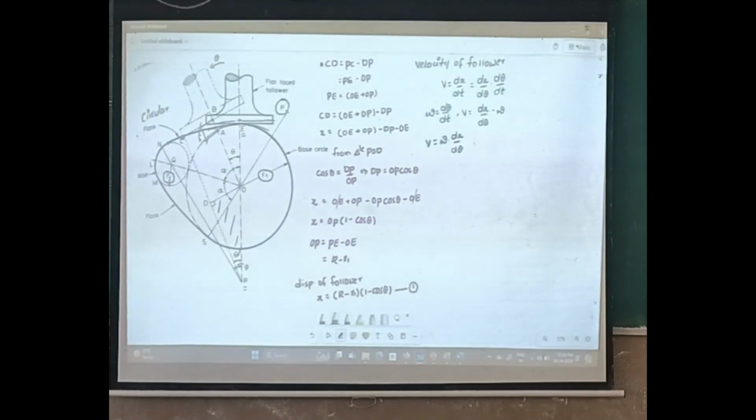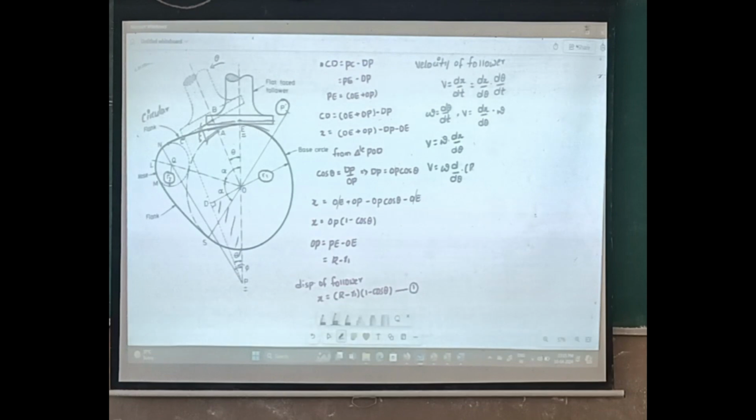Now we already determined the displacement of the follower, which is x. Now the velocity v is equal to omega into d by d theta of (R minus r1) into (1 minus cos theta).